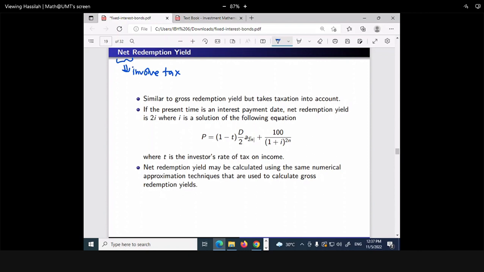Okay? So bila apa-apa income yang you dapat, you tolak dengan tax dan dia menjadi you punya pendapatan bersih. Otherwise, it is gross. Okay, so similar to gross redemption yield, but take taxation into account. So the formula change a bit.